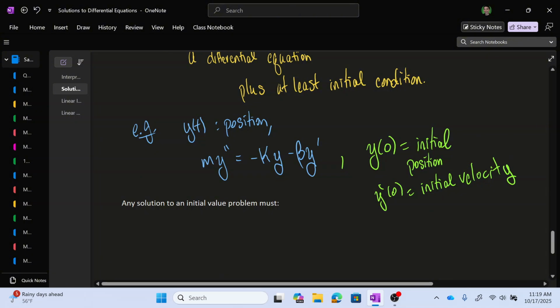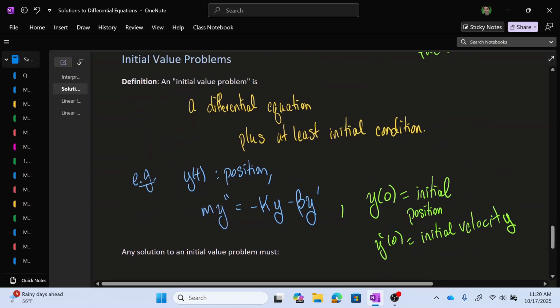And so just on the left-hand side, we have the differential equation, but now with these two initial conditions, we have what is called an initial value problem, a differential equation plus at least one additional condition that must be satisfied.